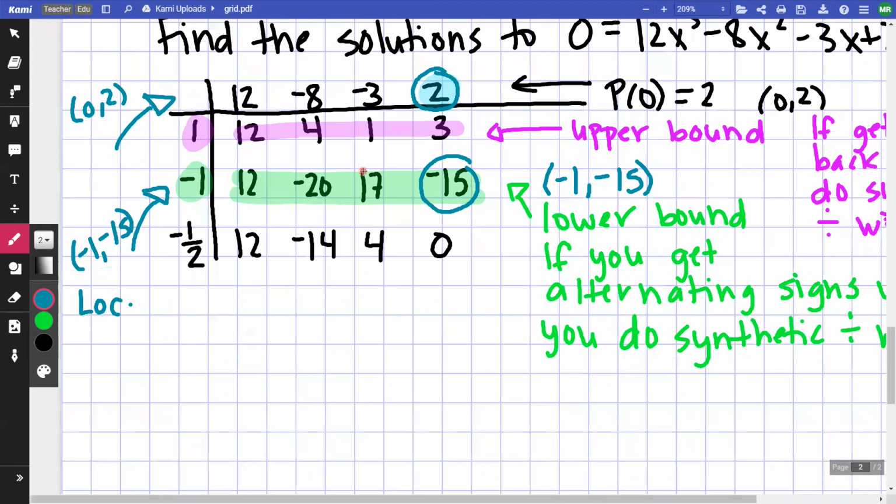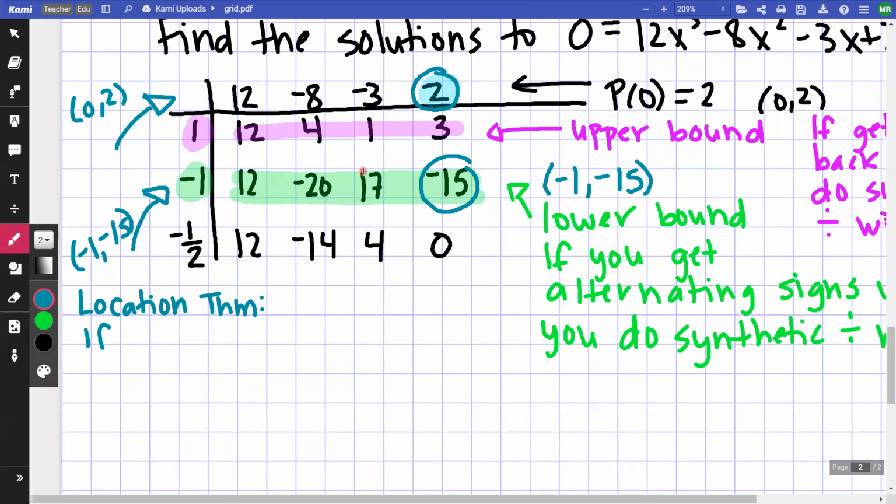By the location theorem, what has to be true is the following.